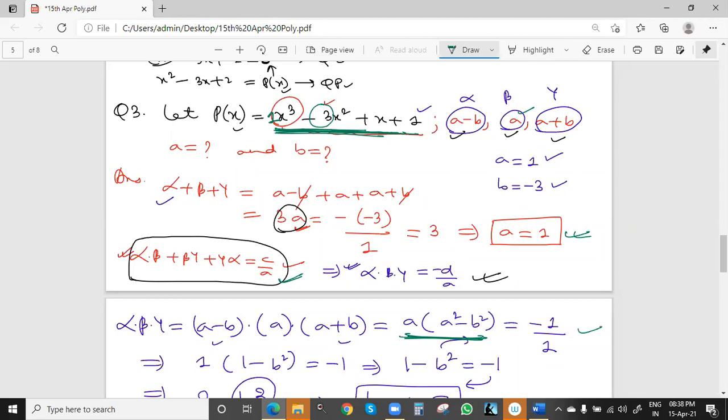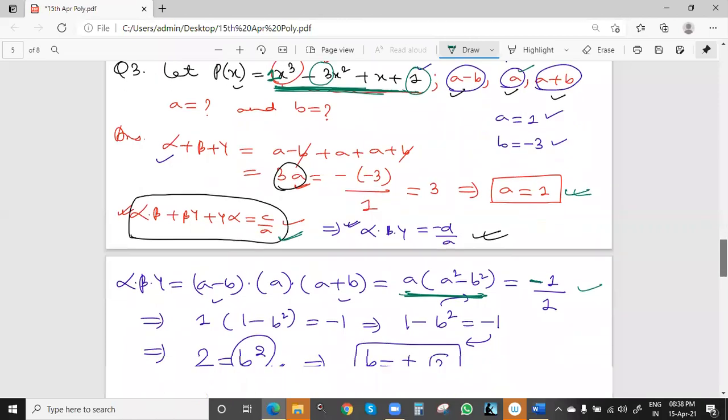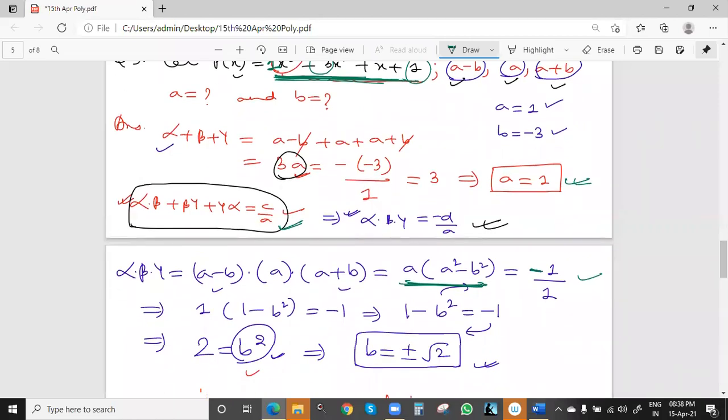So what is the d value? D is 1, and what is the a value? A is also 1. So minus 1 by 1, that is minus 1. We can solve this equation. A value we put 1, and then we can find the b value. B square is coming 2, so b will be plus minus root 2.